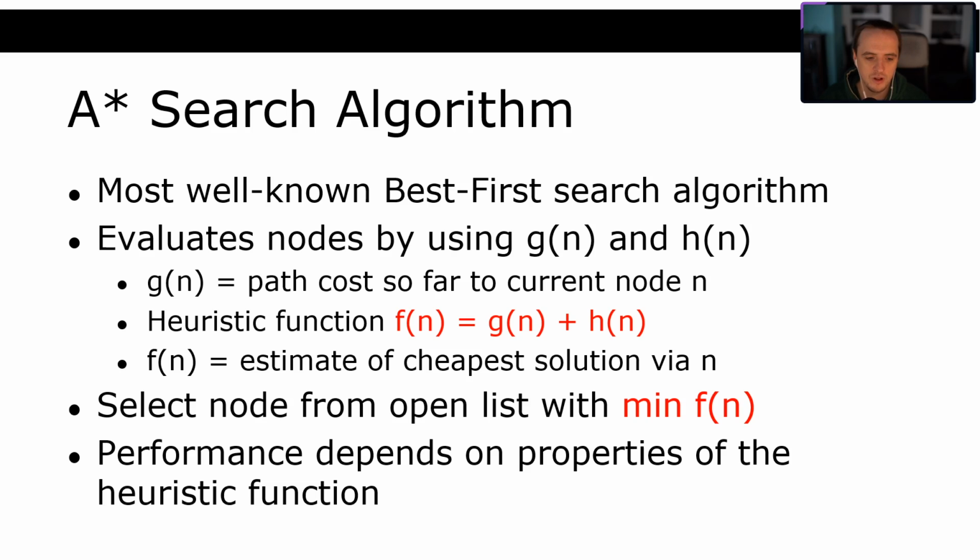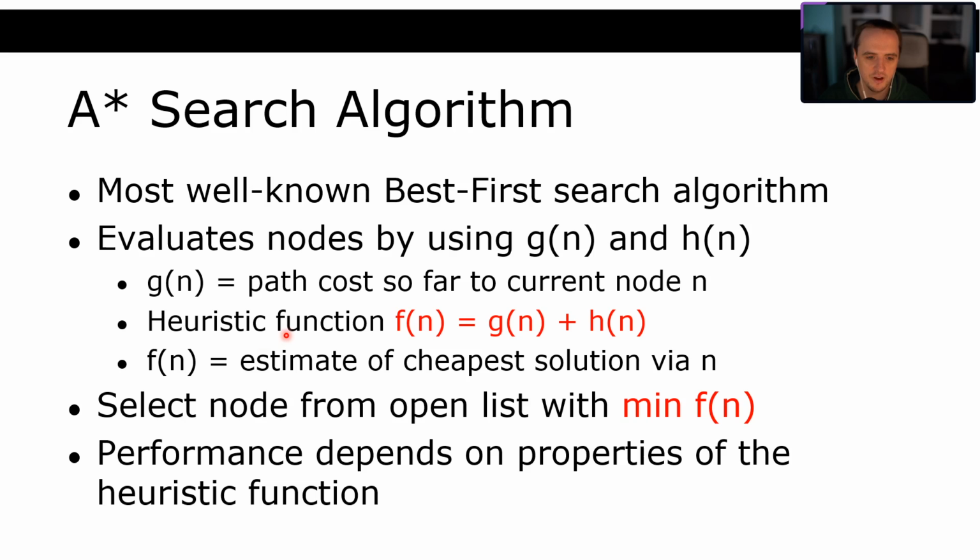It's the most well-known best first search algorithm. So there's a category of algorithms called best first search, and those use a heuristic. It's called heuristic search. And it evaluates nodes by using two values, G of n and H of n. So G of n is the path cost so far to the current node n.